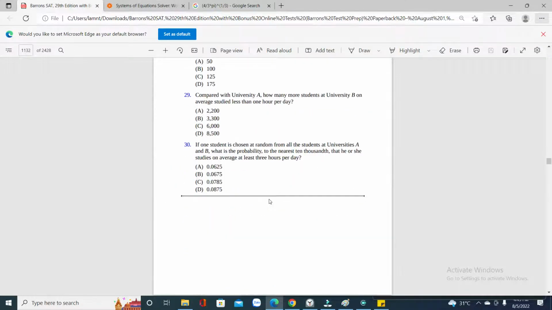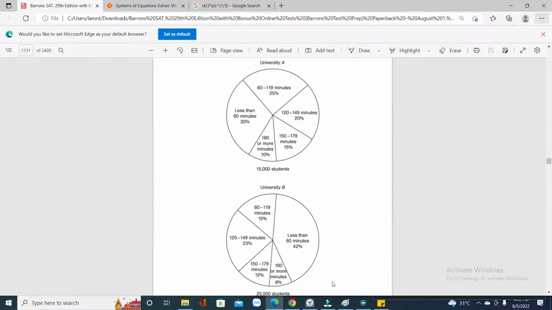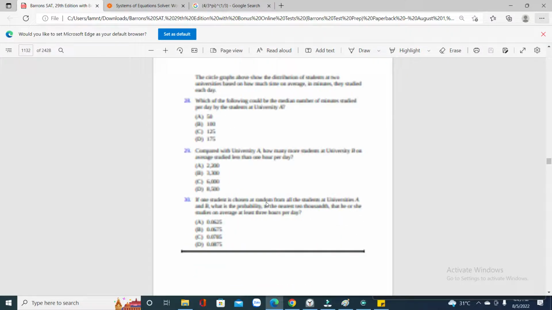Question 29: compared with University A, how many more students at University B on average study less than 1 hour per day? So let's calculate less than 1 hour a day.